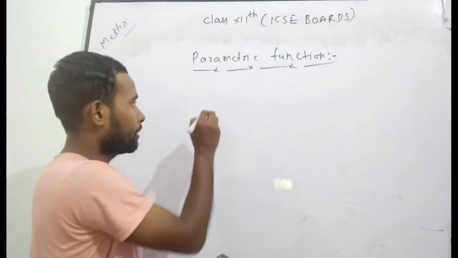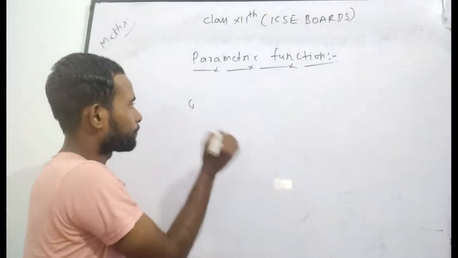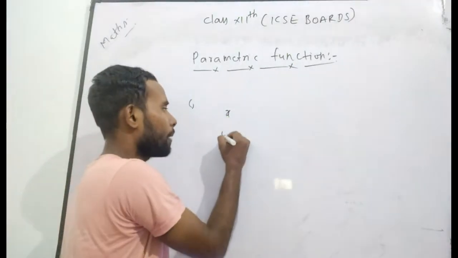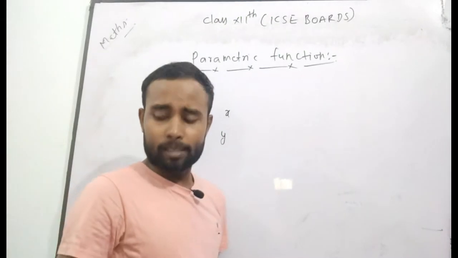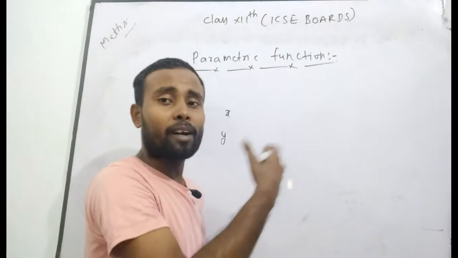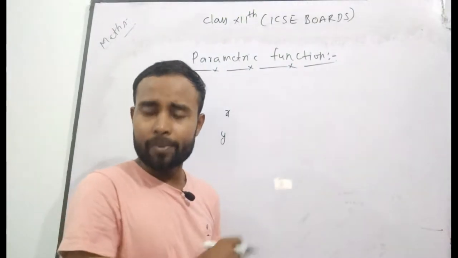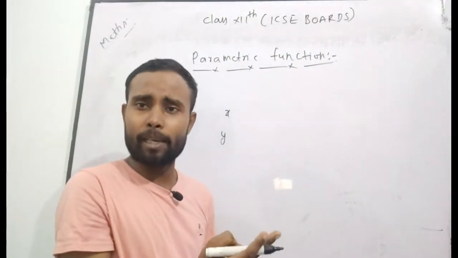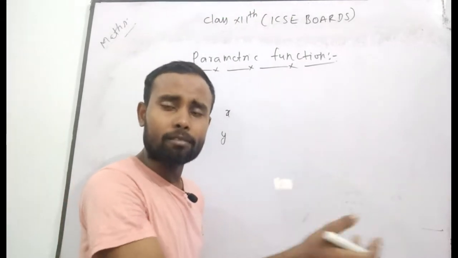Parametric function, what is this function here? Suppose that there are two variables x and y, and they are functions of another variable, that means a third variable. X and y are two variables which depend on a third variable.